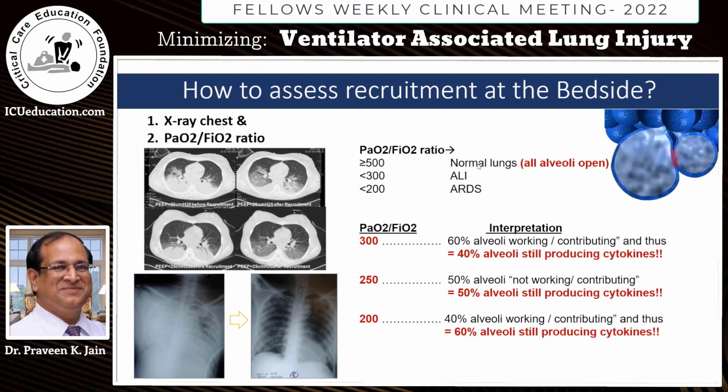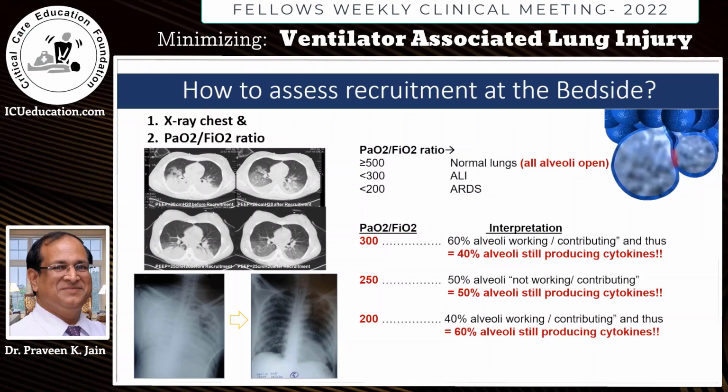We know that in a normal lung, the PaO2 FiO2 ratio is more than 500, which means all alveoli are open. Now let me give you an example. If a patient with ARDS on a ventilator on 100% oxygen has a PaO2 of 70, and you do a recruitment maneuver and the PaO2 FiO2 ratio now comes to 250, well, definitely oxygenation is improved very well and you may be able to reduce the FiO2.